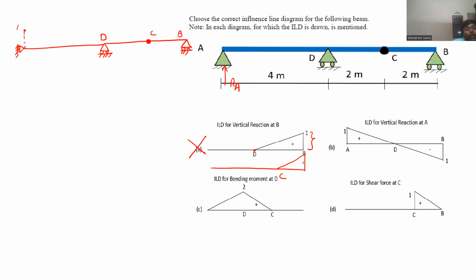So joint A will move to A prime, and how will it take the shape? See, this D point can't go anywhere, and this C point does not have any bending resistance. So when you try to lift it, this D point won't go anywhere, and your ILD will always be a linear shape function, because for a statically determinate structure according to Muller-Breslau principle, it should be linear but not non-linear.